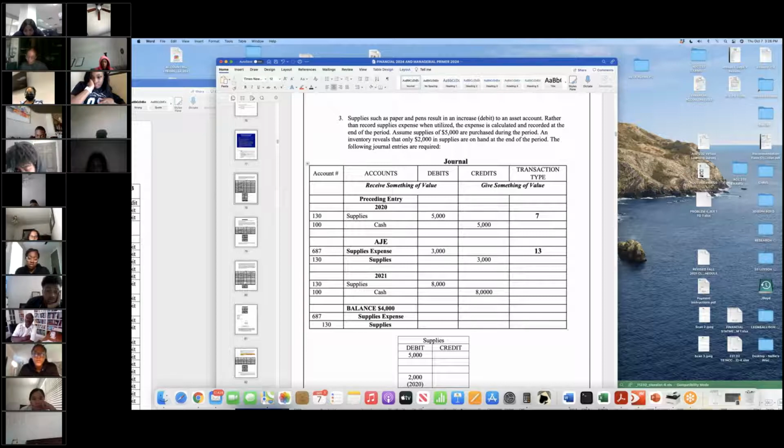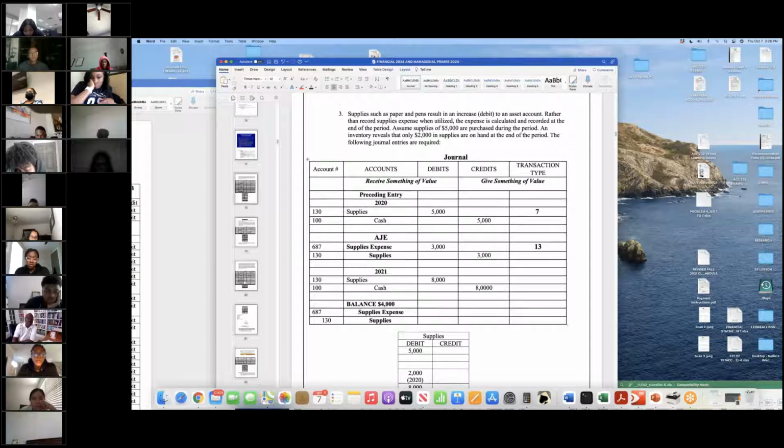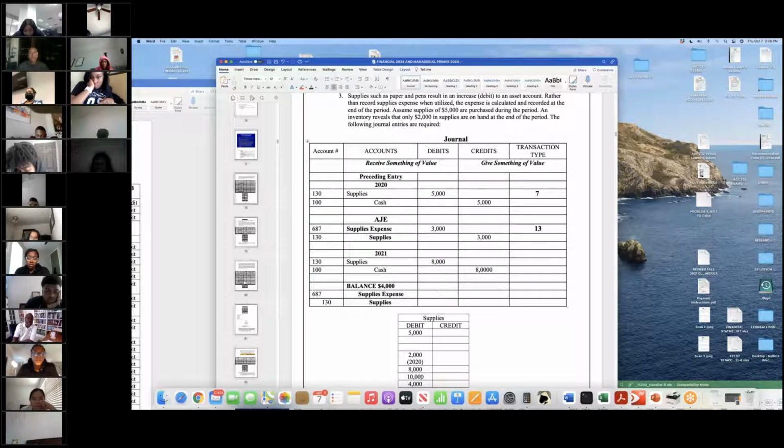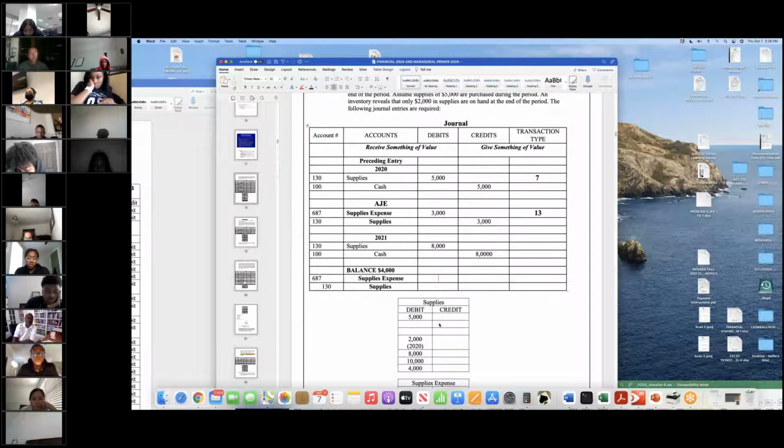Got 2,000 left, but we're adding the 8,000. Is that rolling over? Right, that's rolling over. So we have 10,000 in there now. Says 4, so that's correct. The amount would be 6,000.